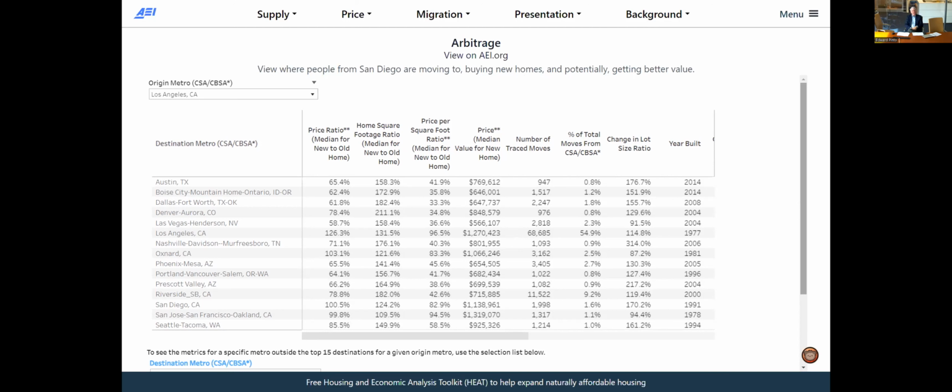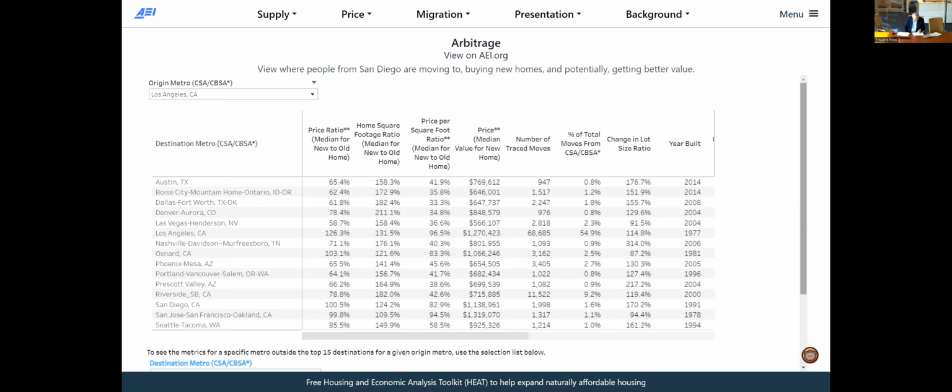In this case, we're tracking it as an origin metro of LA, and we're looking at where people are moving. First of all, most of the people stay within LA County. You'll see that 55% were within LA County. And of course, they're move-up buyers, so they're going to be buying a more expensive house. That's what move-up buyers do when they move within the same county.